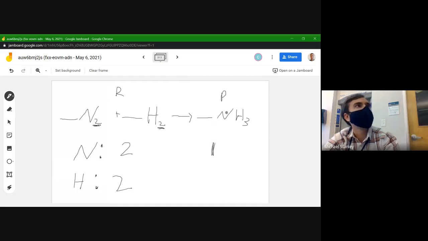So this N and this compound NH3, this means that there's 1 N and 3 H's. So the subscript only goes with the letter that it's right next to. Just like H2O means that we have 2 hydrogens and 1 oxygen, NH3 means that we have 1 nitrogen and 3 hydrogens.